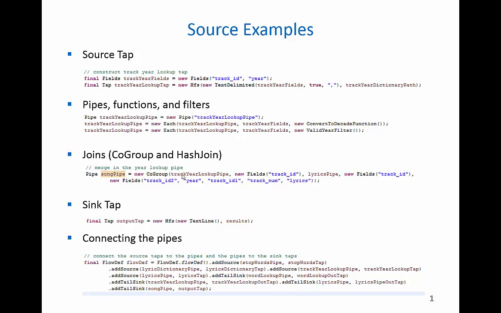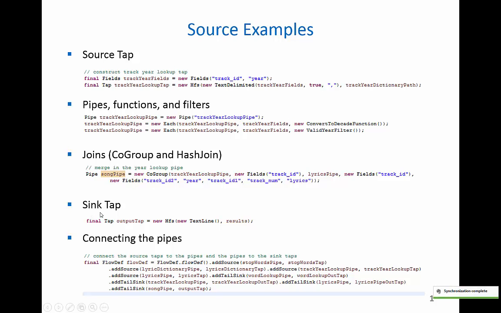Now in this scenario, since cogroup just concatenates the fields of the two pipes together into the output stream, we would have an overlap of field name track ID. So in this scenario, I need to define the output fields, renaming the join field names. And that's what this track ID 2 and track ID 1 is.